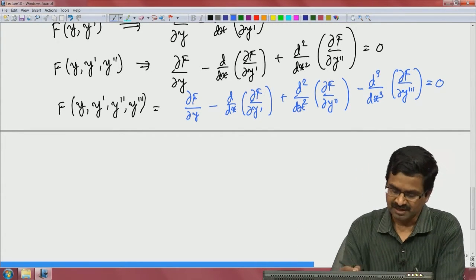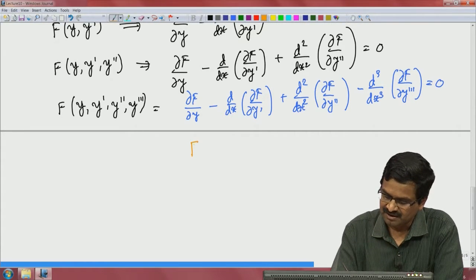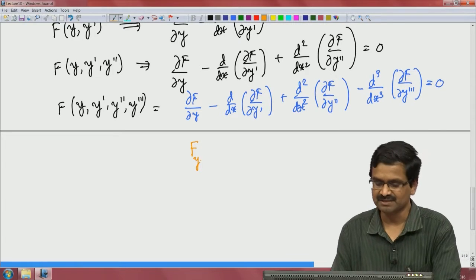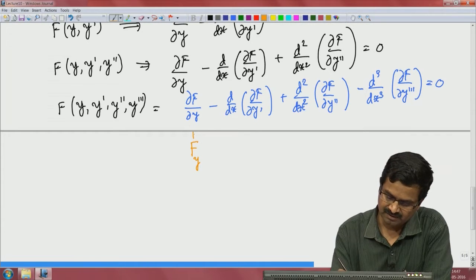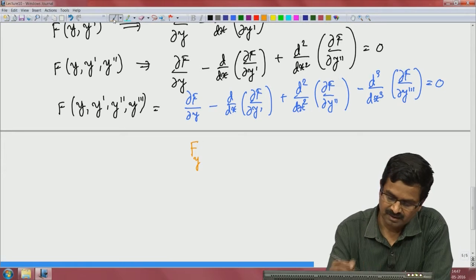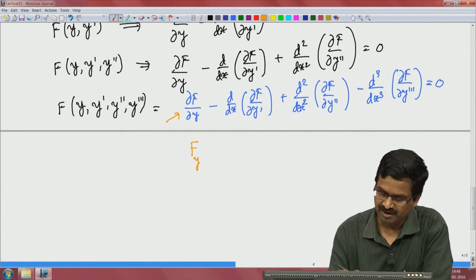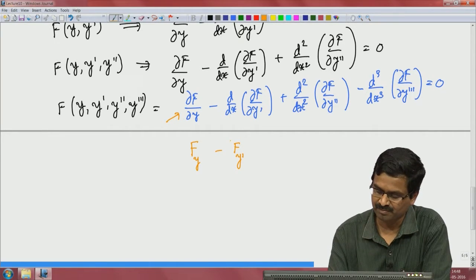So, let us use a shorthand notation, so that we do not have to write this. F sub y means dou f by dou y. So, this is f y, and then next one we will write f y prime for dou f by dou y prime, and then we put a prime there.